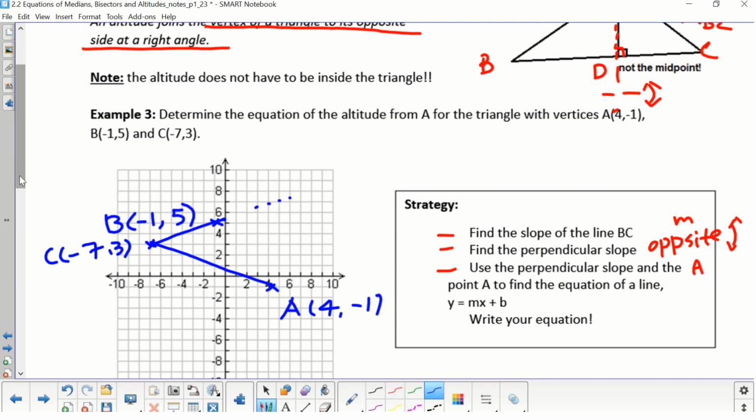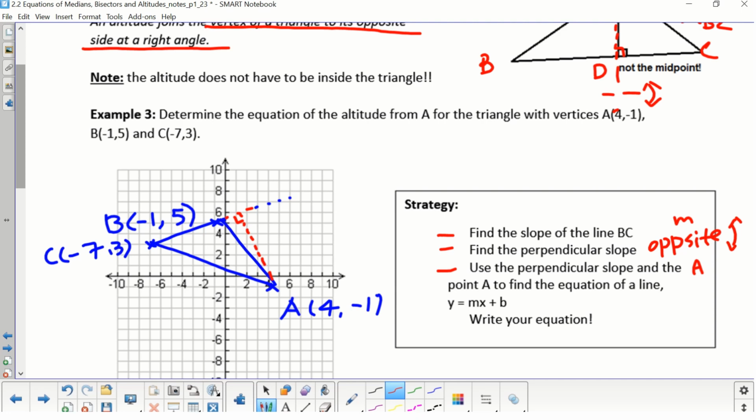Sometimes it is outside. If we draw it, we will see the 90 degrees is here. So the altitude is not always inside the triangle. You draw from point A a perpendicular line to BC. It could be inside, could be outside, but it doesn't matter.